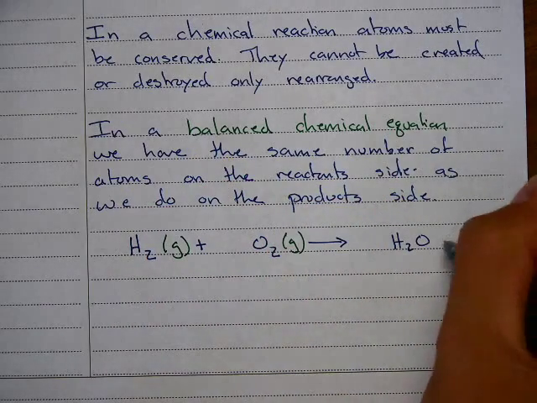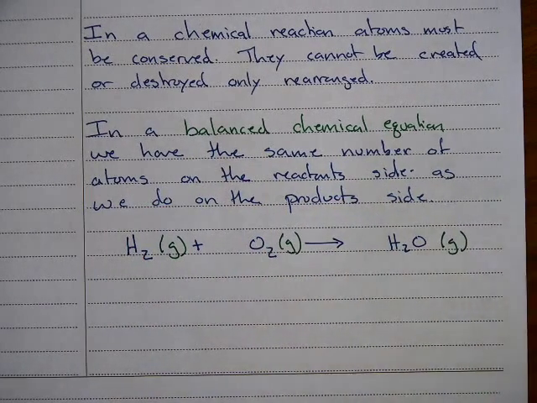And that water would most likely be in a gaseous state. It would be water vapor, because this reaction, a combustion reaction, produces a lot of heat. So the water would come out most likely as a vapor, as a gas. And then you could eventually condense it back down into a liquid if you want.